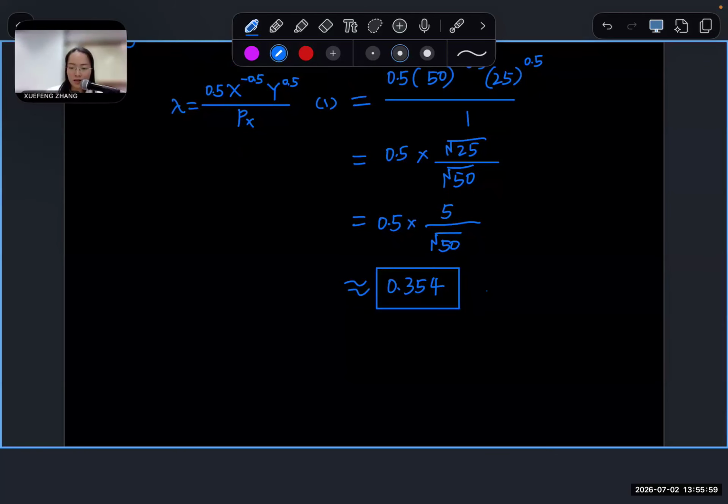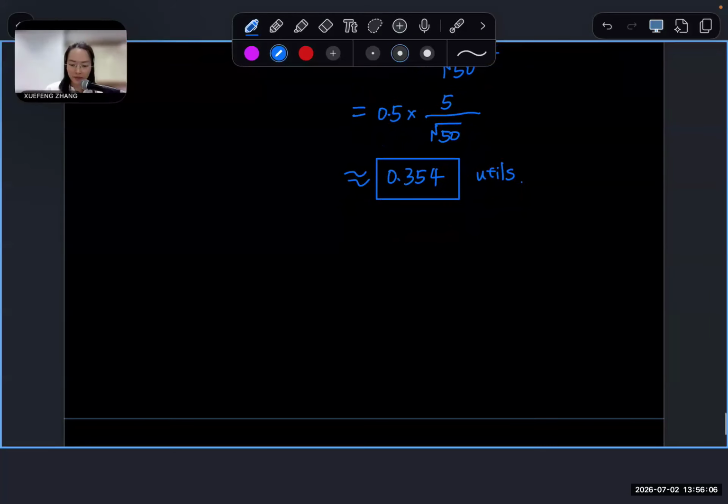Here is the answer for lambda, in utils as well. What does lambda mean?